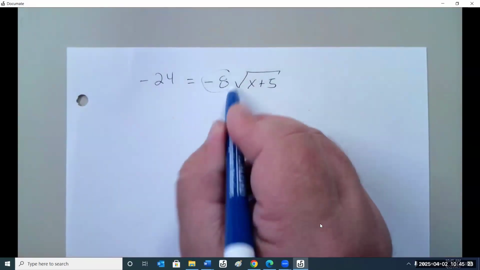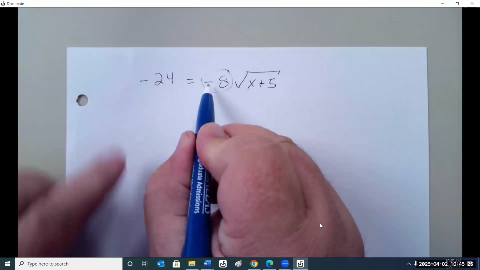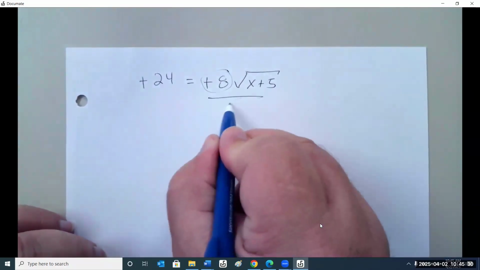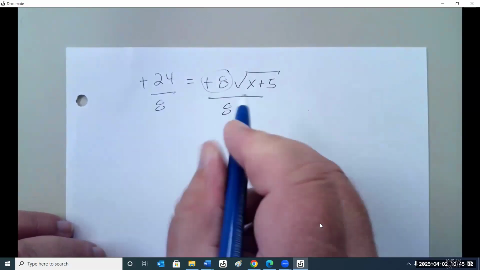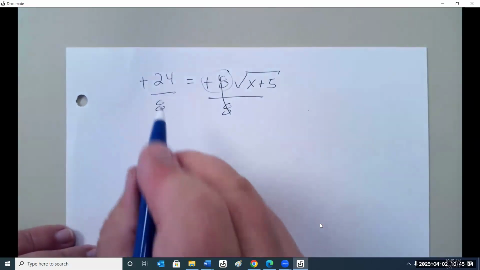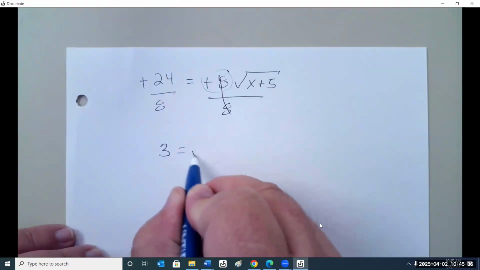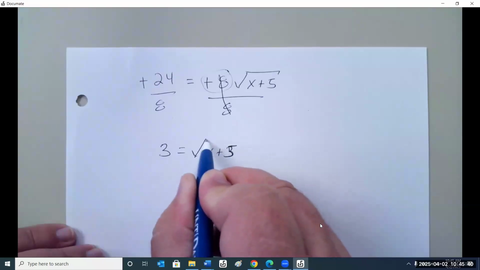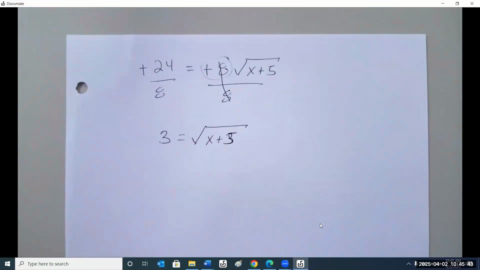We have to get rid of the coefficient. Since they're both negative, we can change the signs. Divide by 8. 24 divided by 8 is 3. Square root of x plus 5. You see how small it got all of a sudden?